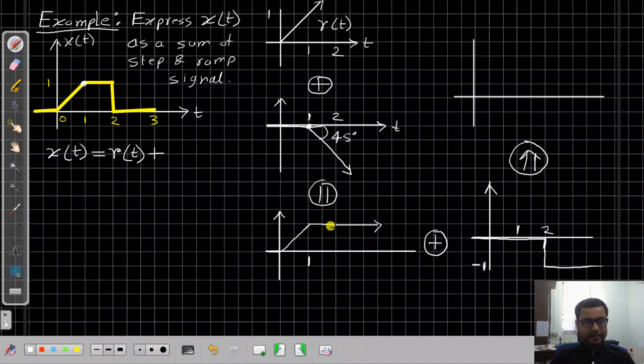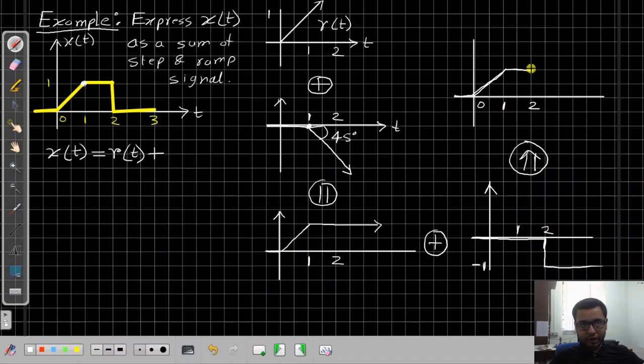When you add this and this, up to this point t equal to 2, the result will be the same as this signal because this is 0. So up to t equal to 2, it will be like this. 1, 2.